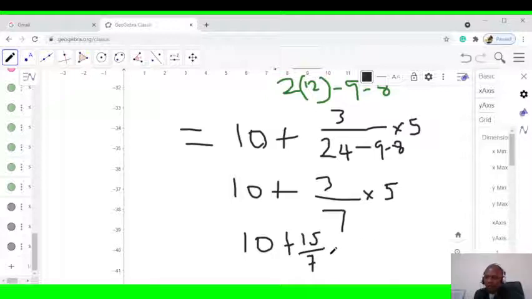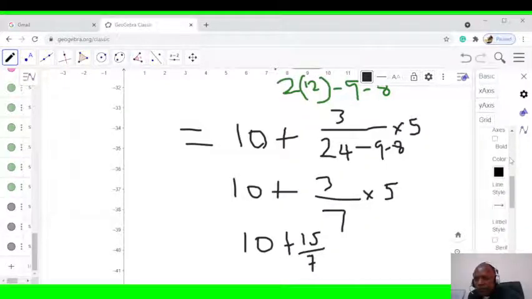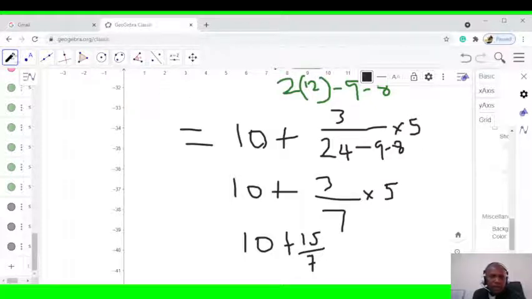Now you can get your calculator and compute that. Let me check for my calculator here. So what is 15 over 7? 15 over 7 is the same as 2.14.